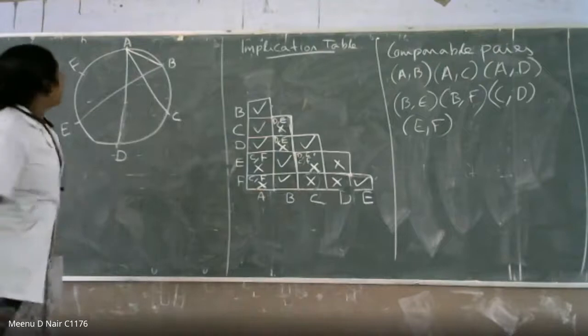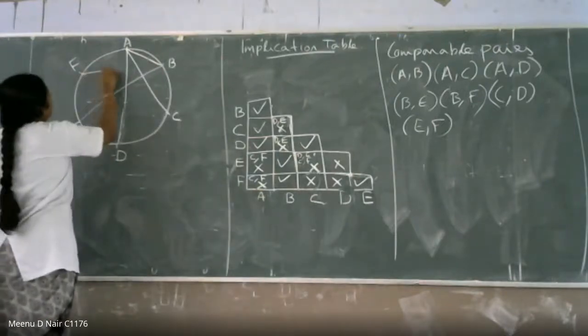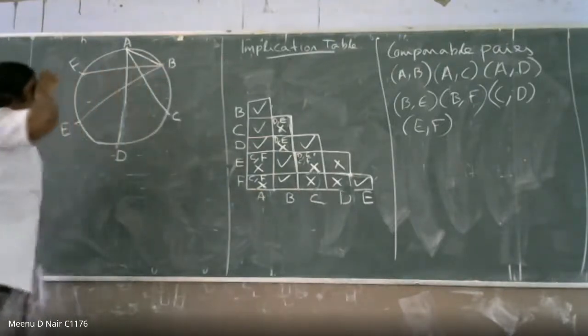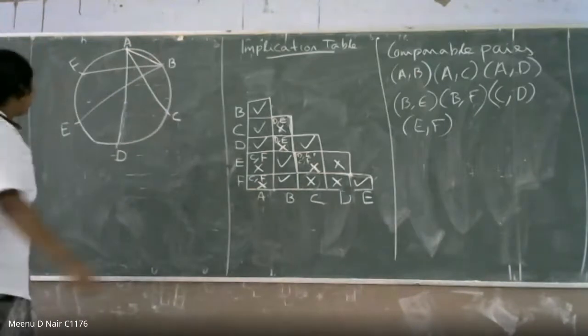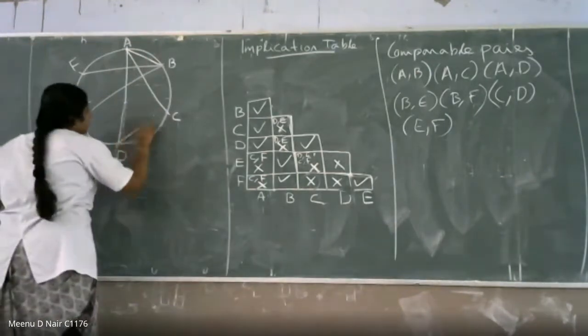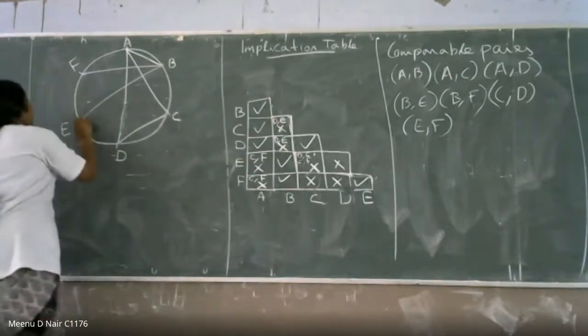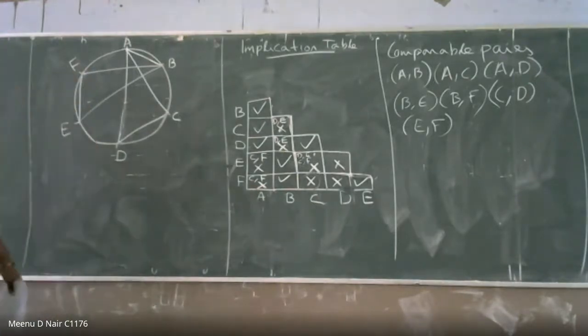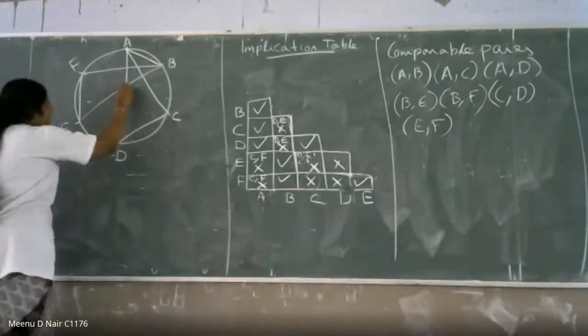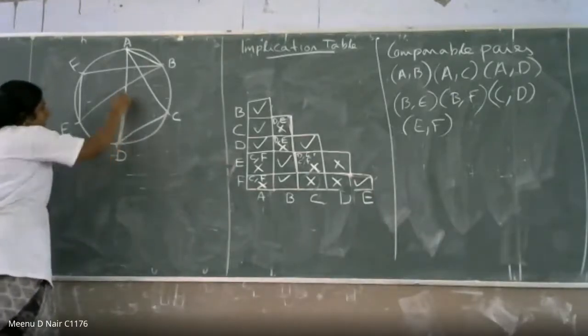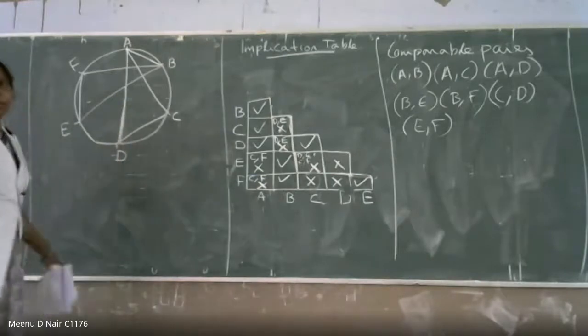Then B to F. Then C to D. Then the last one is E to F. Okay, you are drawing a straight line for the comparable pairs.